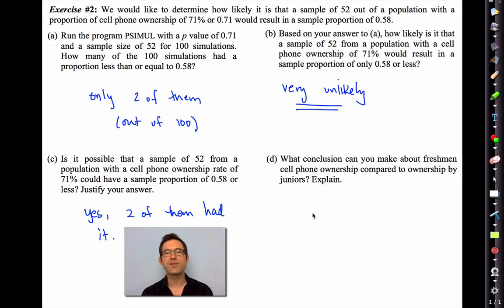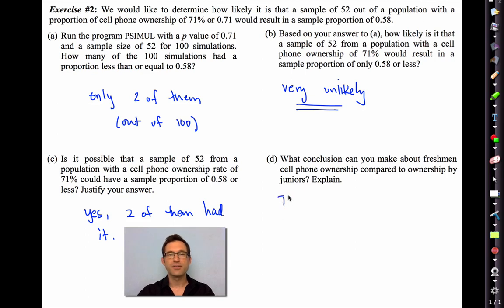So in letter D, it says, what conclusion can you make about freshman cell phone ownership compared to ownership by juniors? Explain. Think about this for a minute. Okay, now, remember, what you don't want to conclude is that freshmen own cell phones at a lower rate than juniors.